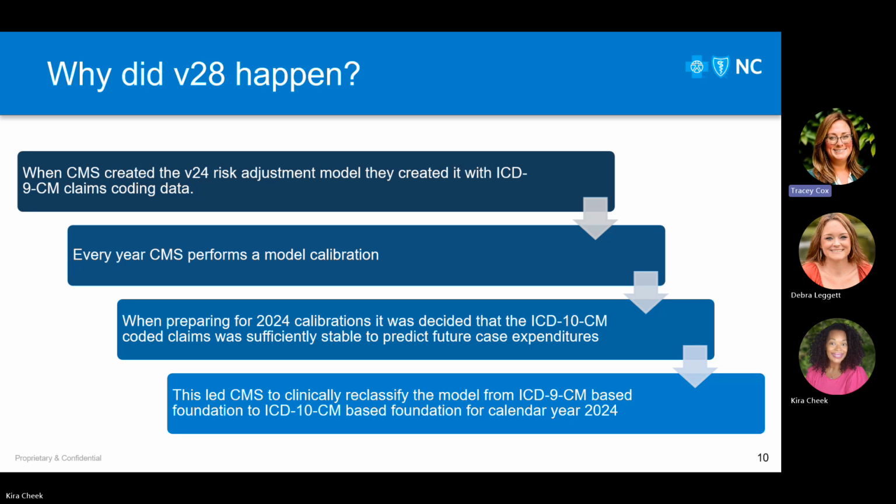As CMS was preparing for this year's updates based upon model calibration, it was decided that the ICD-10-CM coded claims data was sufficiently stable to predict future case expenditures. This led CMS to clinically reclassify the model from the ICD-9-CM based foundation to an ICD-10-CM based foundation for calendar year 2024.